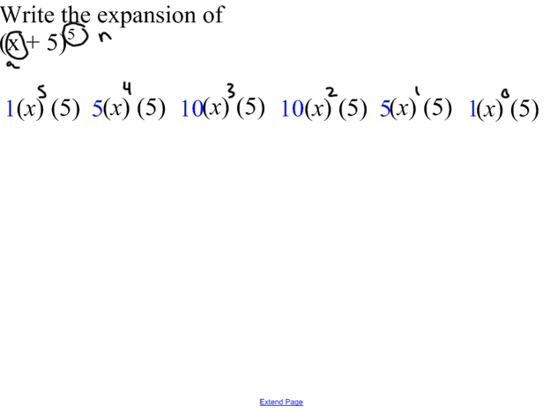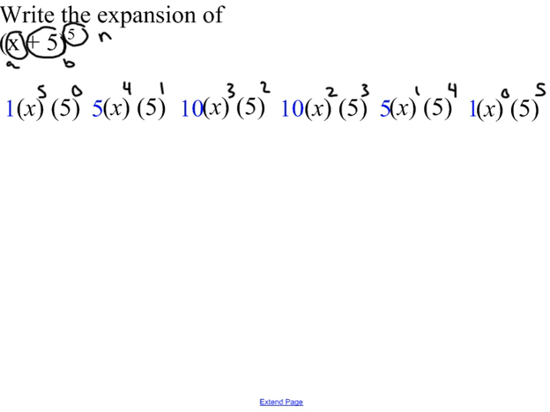I'm going to go ahead and call this a, and this is b. So we know that b, the exponents are going to be ascending. So it's going to go 0, 1, 2, 3, 4, and 5. So if you're raising it to the 5th power, you're going to start with 5 as the exponent of the first term and then just descend. You're going to start with 0 on the second term and then just ascend all the way to 5.